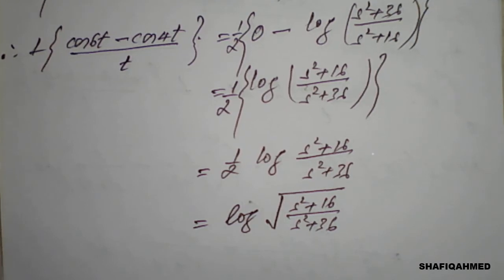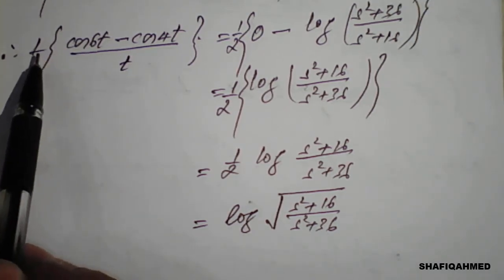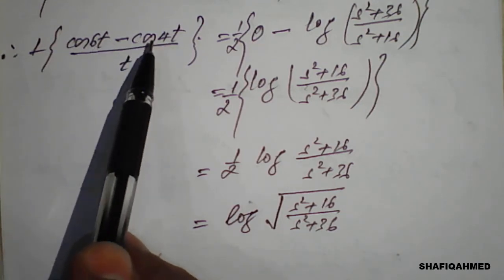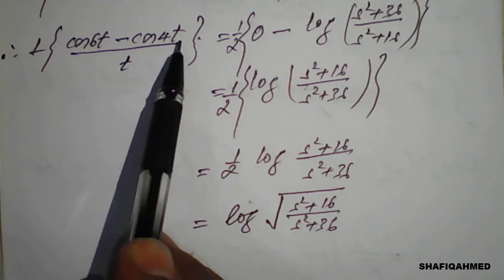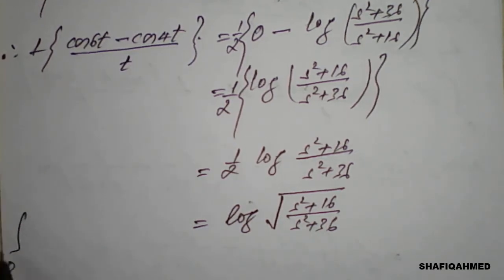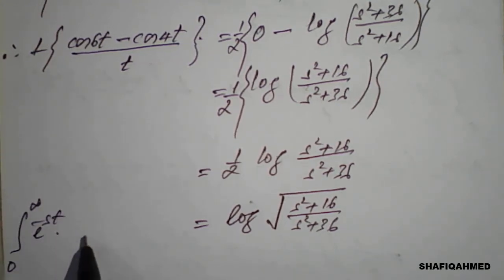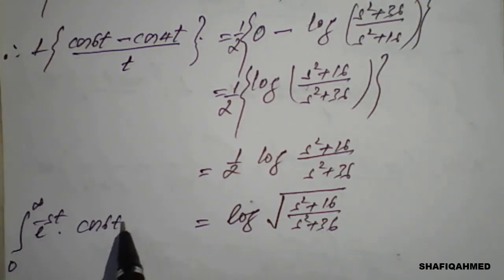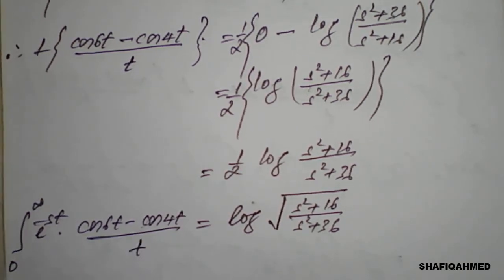So therefore it is nothing but the Laplace transform of (cos 6t minus cos 4t) upon t, which is the integration from 0 to infinity of e raised to minus st into (cos 6t minus cos 4t) divided by t. This is the resultant.